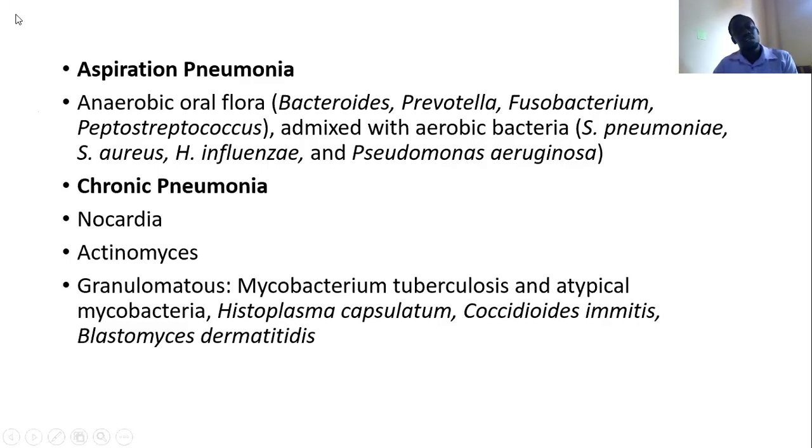In aspiration pneumonia, you may get Streptococcus pneumoniae, Staphylococcus aureus, H. influenzae, and Pseudomonas aeruginosa. Chronic pneumonia can be due to Mycobacterium tuberculosis. You may get histoplasmosis, you may get coccidioides, among others.